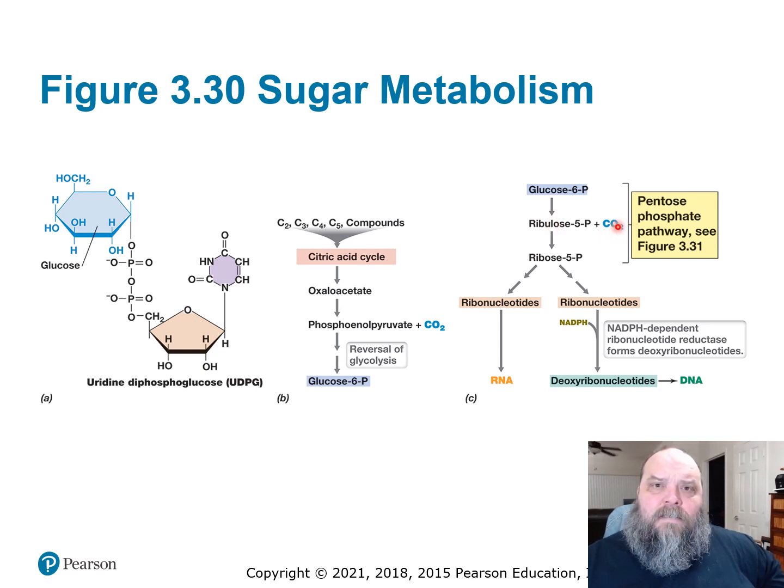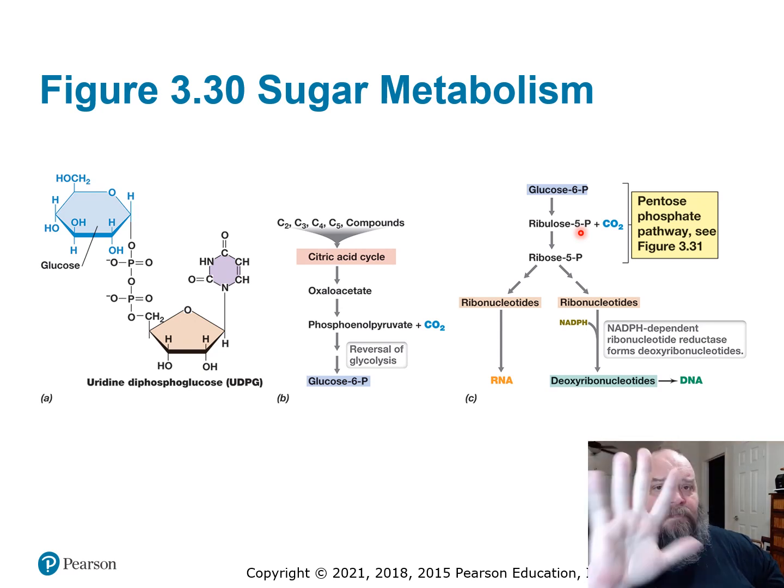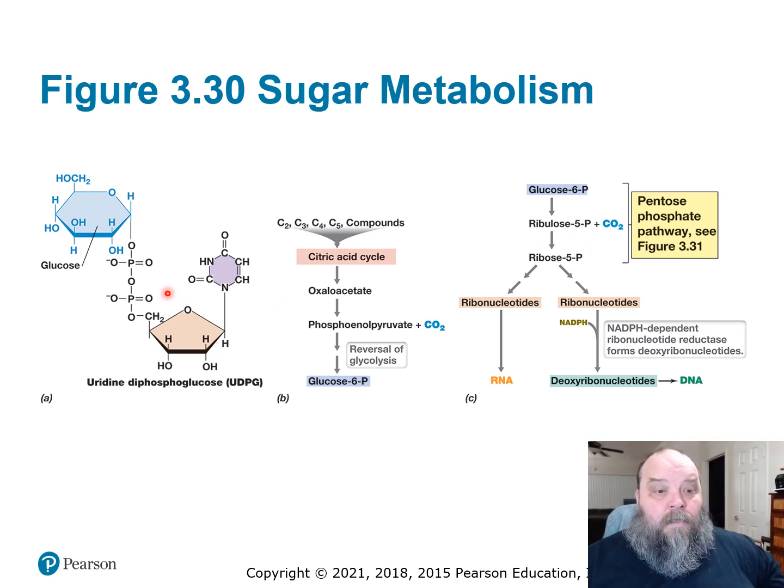Why would we need that? Well, isn't a 5-carbon ring fructose? No, fructose is a 6-carbon, 5-sided ring. Looky, looky. 1, 2, 3, 4, 5. A 5-carbon, 5-sided ring: ribose. G6P gets turned into ribulose 5-phosphate, releasing CO2.